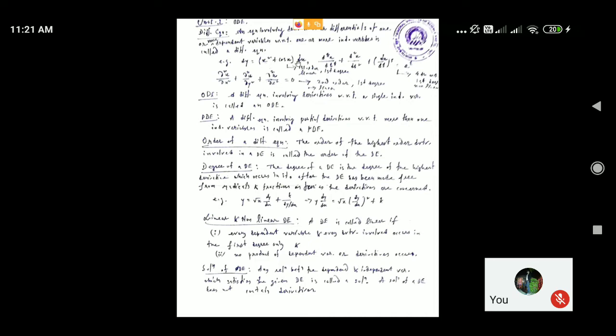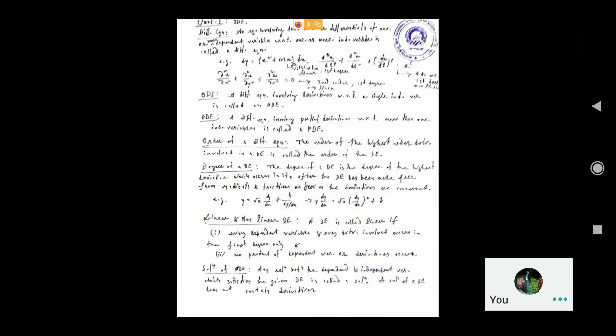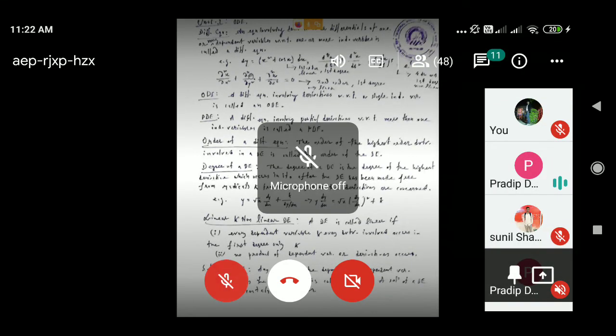So what is the highest order derivative in this differential equation? It is one, because we can write it like dy dx equal to x square plus cos x. So only first order derivative.